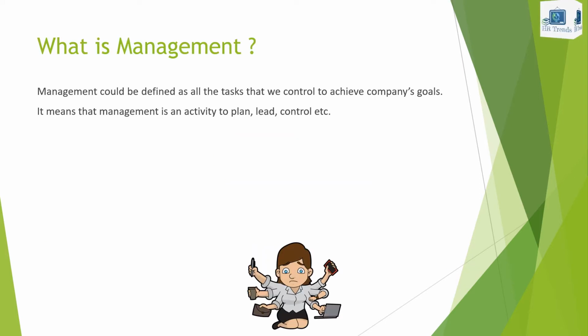Okay, let's discuss what is management. Management could be defined as all the tasks that we control to achieve the company's goals. It means that management is an activity to plan, lead, control, etc. To be a good manager, you will need to develop a set of skills including planning, communication, organization, and leadership.